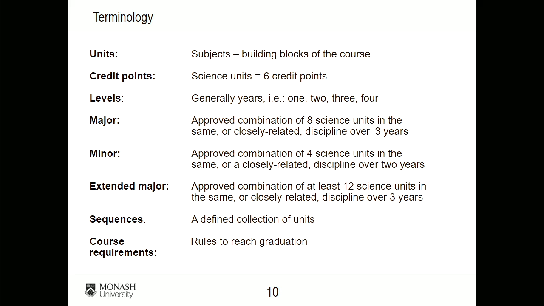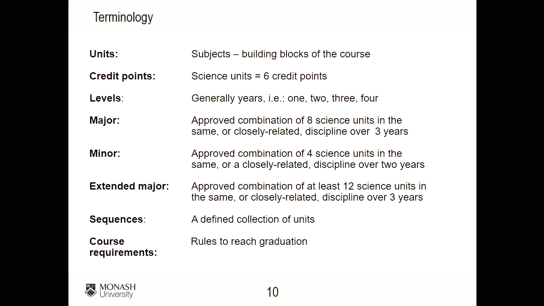And when you decide to go on exchange, we can then compare like for like. But in science, all of the units are worth 6 credit points. In terms of the levels, we generally talk about level 1, level 2, level 3, level 4. They're generally year levels. So level 1 refers generally to first year units. Level 2 refers to second year units and so on.